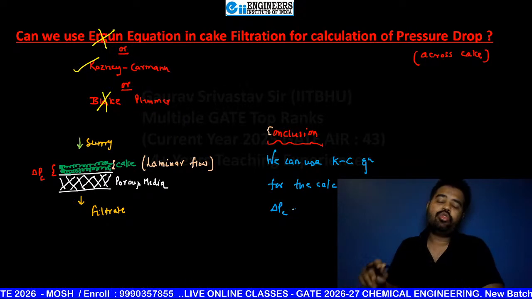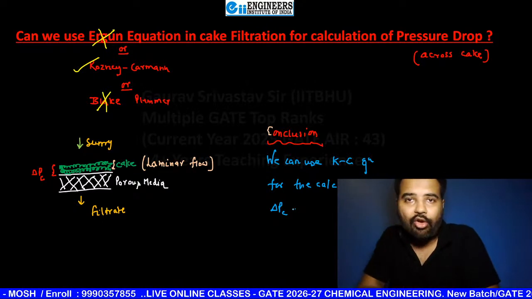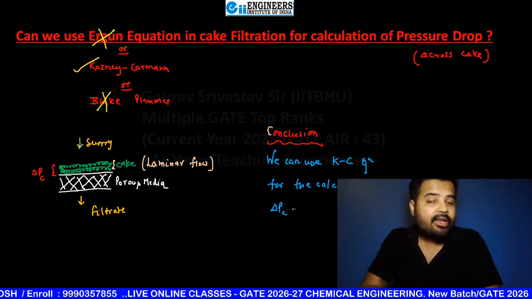What is delta P_c? Now there is no need to write delta P_c across the cake, because if I'm writing delta P_c, that means the pressure drop across the cake. Okay, everyone crystal clear?